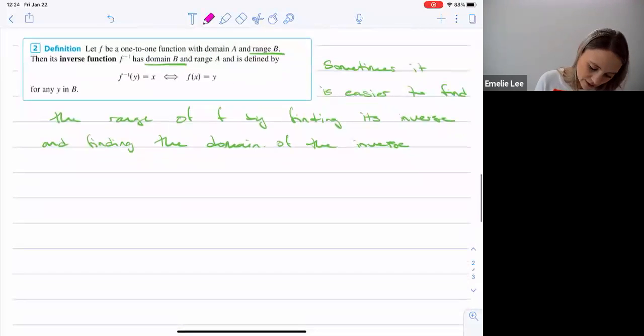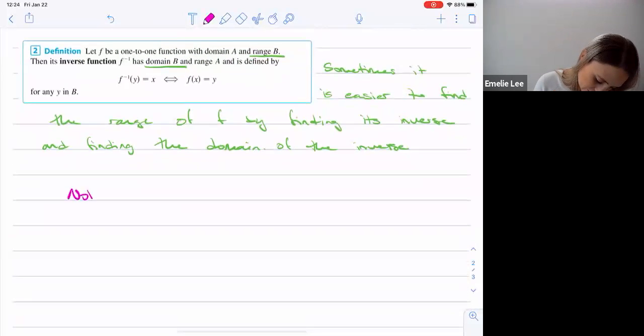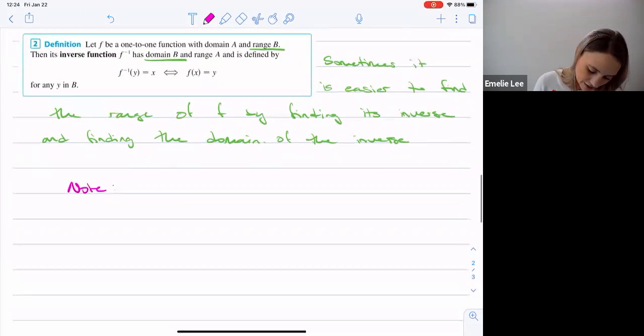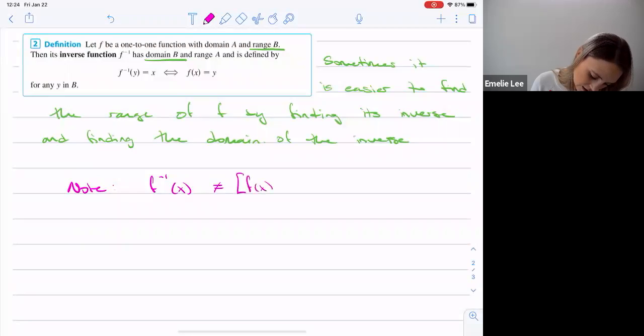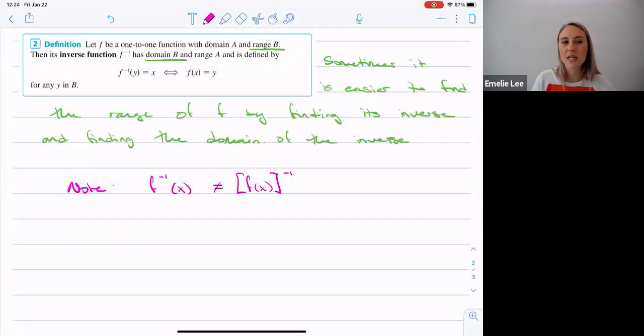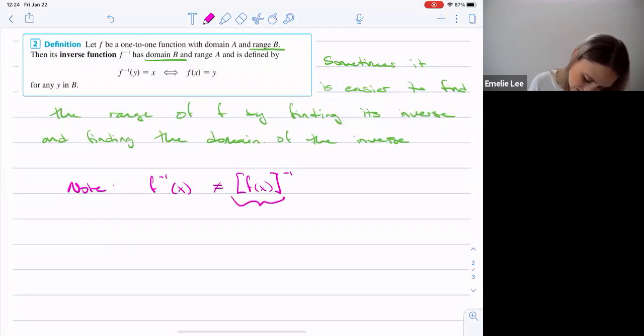One thing that I do want to note here, it's really important that you differentiate between the inverse function of x and f of x to the -1, right? F of x to the -1 would mean 1 over f of x, which is not the inverse function.